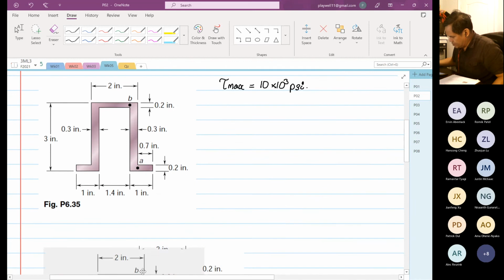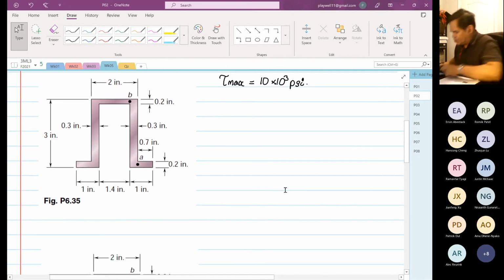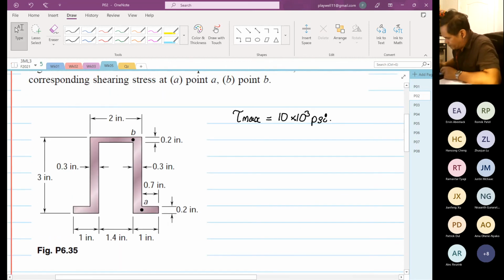I'll copy this image. First thing we're going to do, we're going to construct our shear flow. So over here, this is our shear force in the vertical direction. Then next we're going to construct our shear flow.